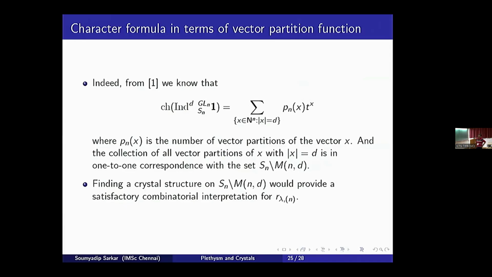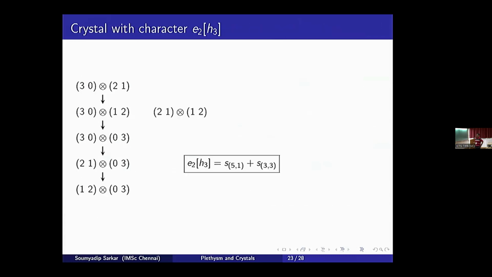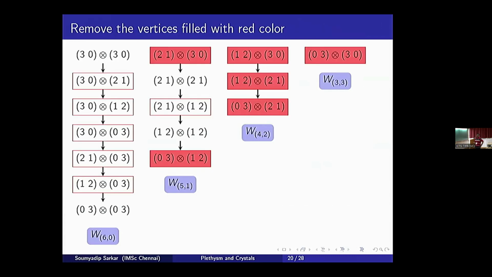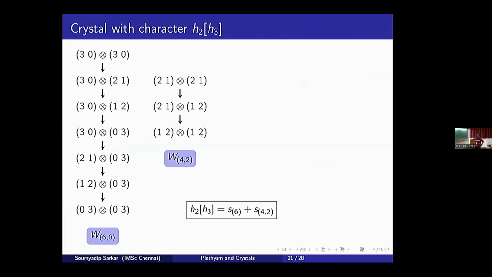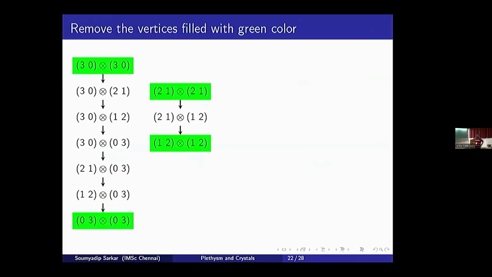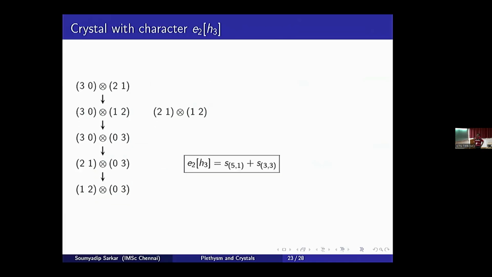So finding a crystal structure on this would provide a satisfactory combinatorial interpretation for R_lambda_n also. So I am thinking from this perspective also, but I am more interested in this kind of graphical operations that can give a crystal graph for that. That will be satisfactory for me at least.